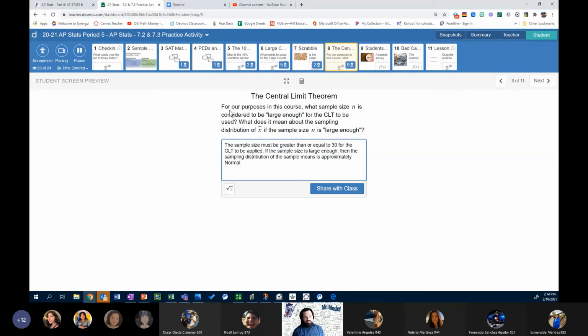And you should capitalize Normal because it's like a pronoun as far as stats is concerned. So the central limit theorem is essentially the large counts rule for means. Is there anything I can clarify up to this point?